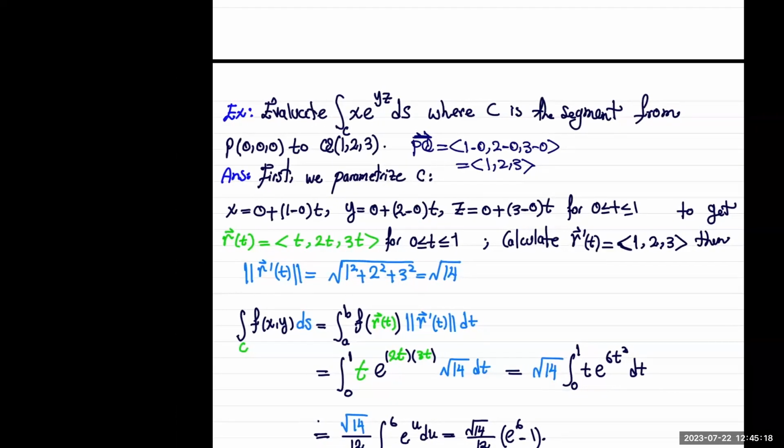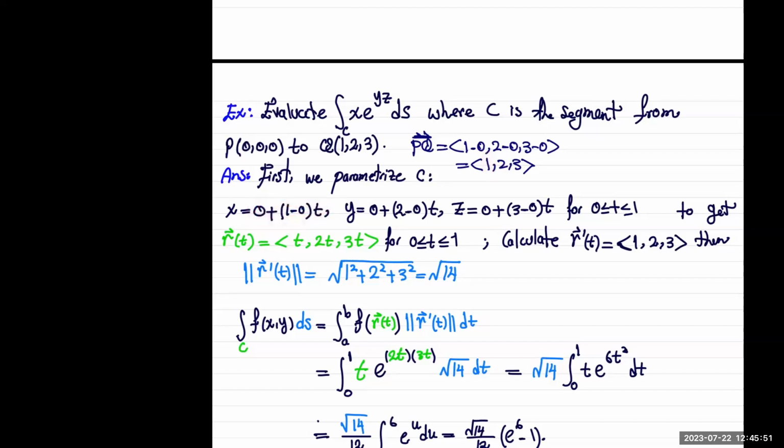So our parametrization, remember from chapter 12: you take the initial point and add the components of the parallel vector times t. Always. You should have this in your chapter 13 notes. So x is 0 plus (1 minus 0), which is that 1, times t.